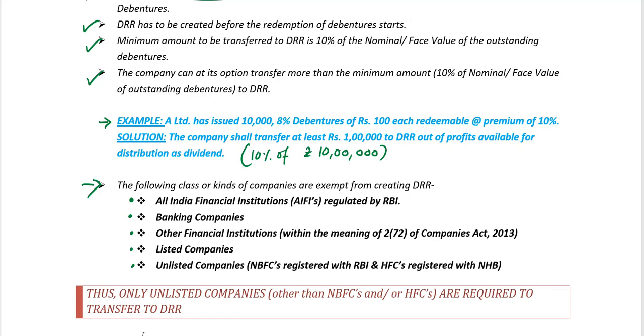So finally, we understand that only unlisted companies other than the non-banking financial companies and the housing finance companies are required to transfer to debenture redemption reserve.